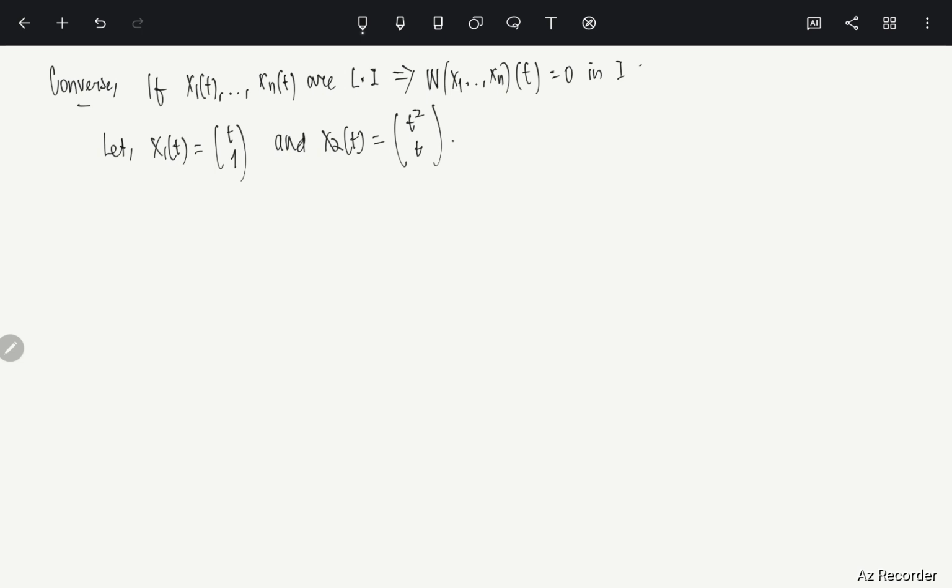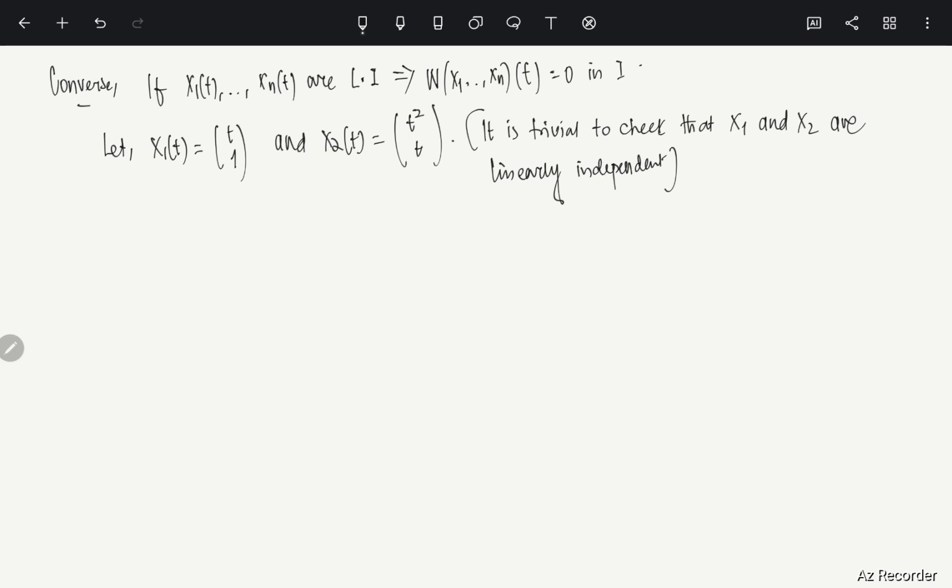So hence it is linearly independent. That's trivial to check that x1 and x2 are linearly independent. Okay, so that's not a difficult thing.